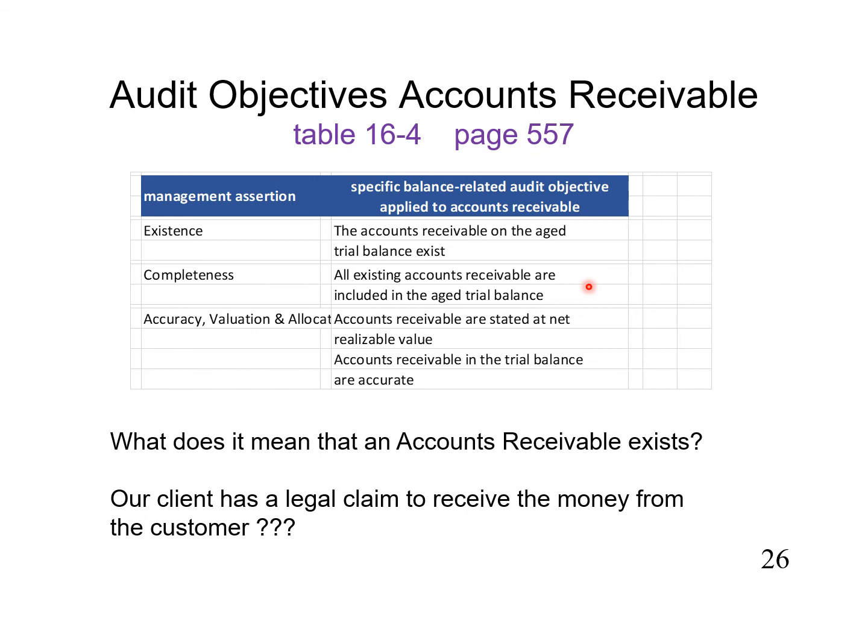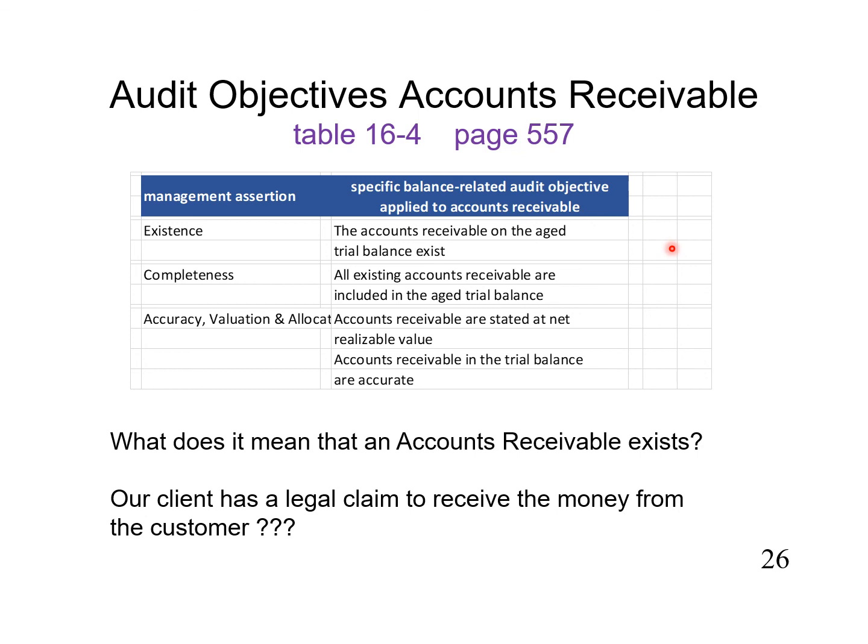I'm happy. Accuracy, valuation: accounts receivable are stated at net realizable value. Ooh, that's a valuation. I learned that in 321. Now again, this is way back, this is chapter 16, so don't have to worry about this, but think about it.